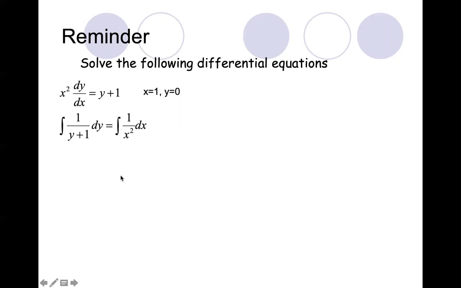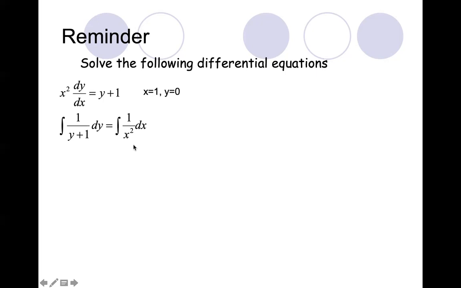Okay, we can move on. As we know, to solve this differential equation, we simply treat the x as a variable itself, and we put all the y terms on the left-hand side, put all the x terms on the right-hand side, and then we integrate.